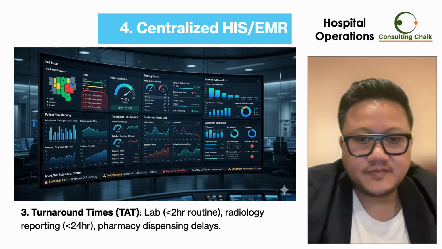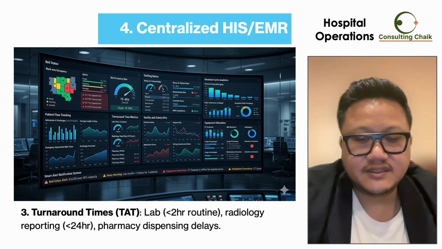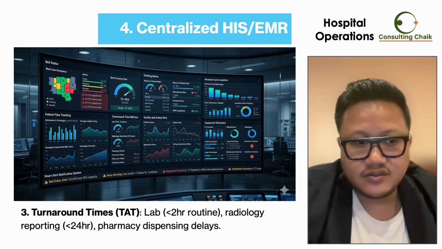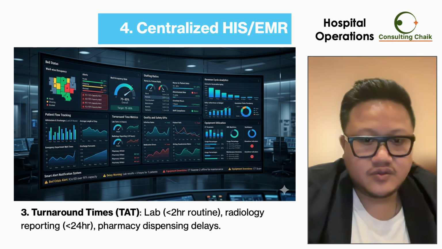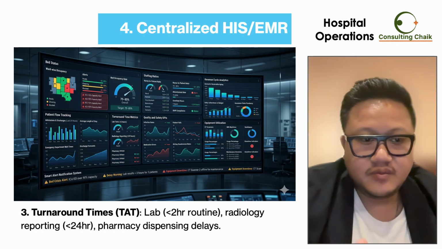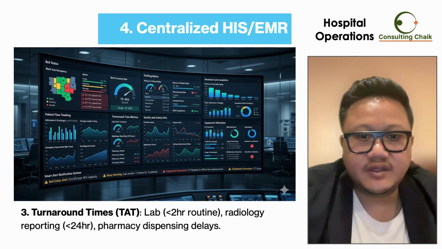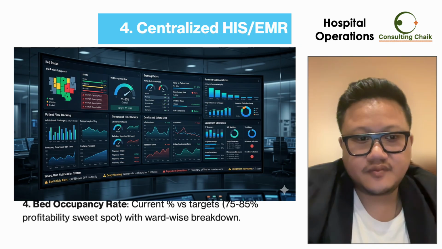And pharmacy dispensing delays, if your pharmacy is integrated to the HIS, then you can also see the dispensing time. Dispensing time starts from the time when the patient gives the prescription to the time when the dispensing of the medicine happens.